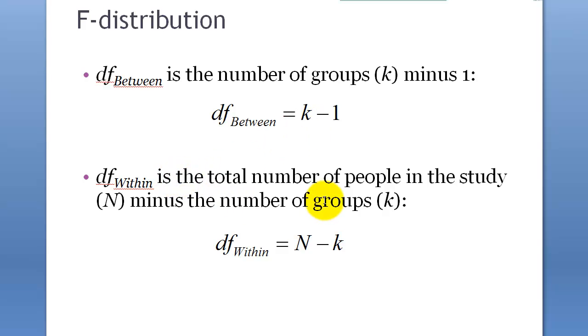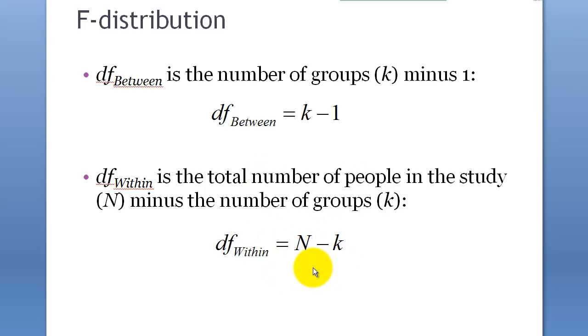Degree of freedom within is n minus k. N is the number of the entire sample. So there are 15 people in 3 samples in total in this example, minus k, the number of groups, so 15 minus 3. In other words, it's just like the sum of the degrees of freedom for group 1, group 2, and group 3, because 5 minus 1 plus 5 minus 1 plus 5 minus 1 is going to be 12.